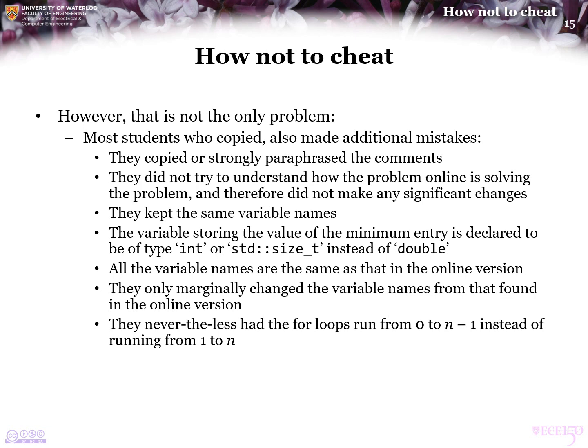They still had the loops running from 0 to n minus 1 instead of 1 to n, even though we explicitly gave them for loops that showed that these matrices were indexed from 1 to n. They also accessed or stored the first entry as A[i][0] and not A[i][1].